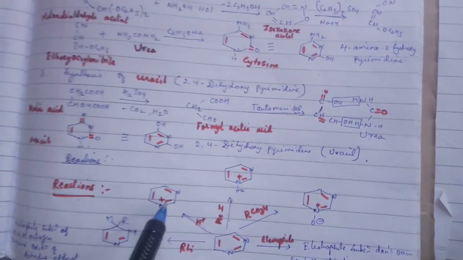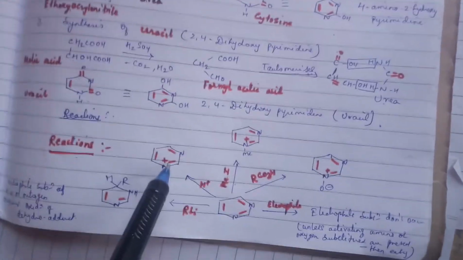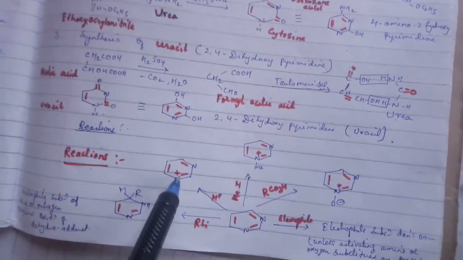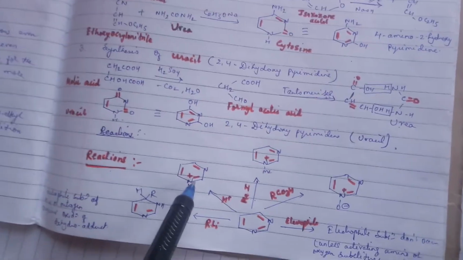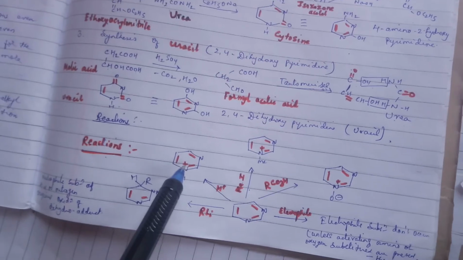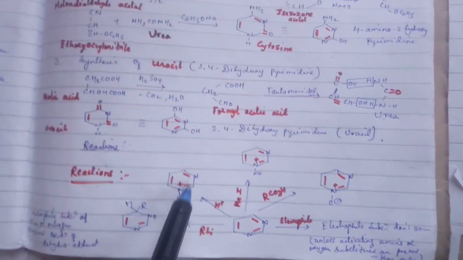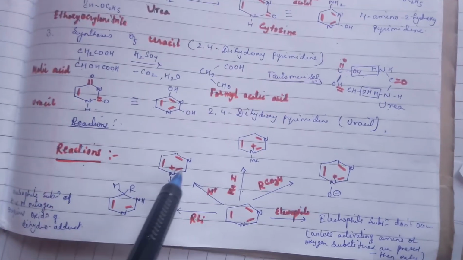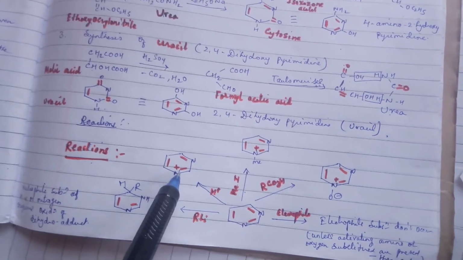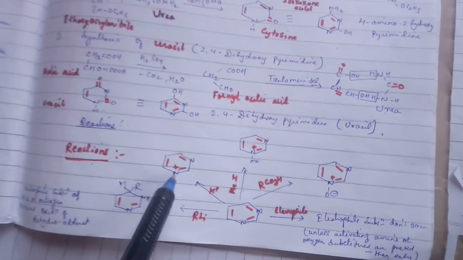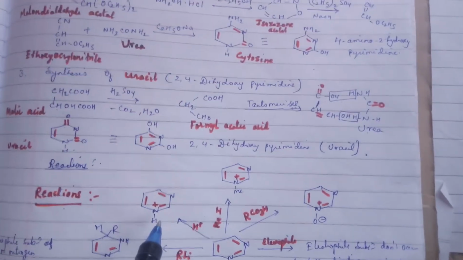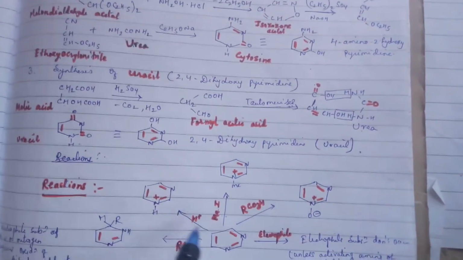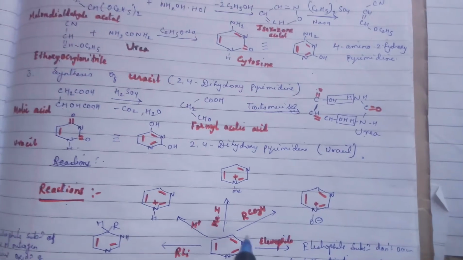This ring is electron deficient, so it is more resistant to electrophilic substitution reactions compared to pyridine, and for the same reason it is more easily attacked by nucleophiles. So it favors nucleophilic reactions more than electrophilic reactions.